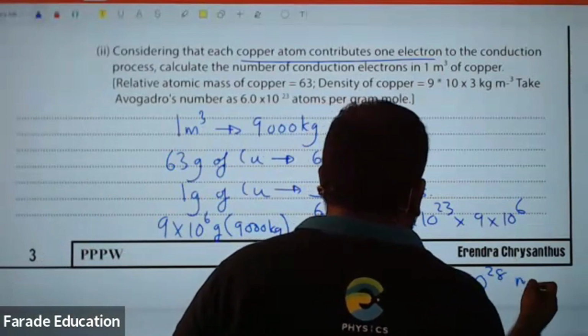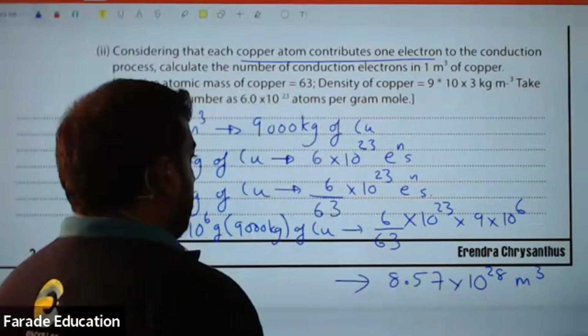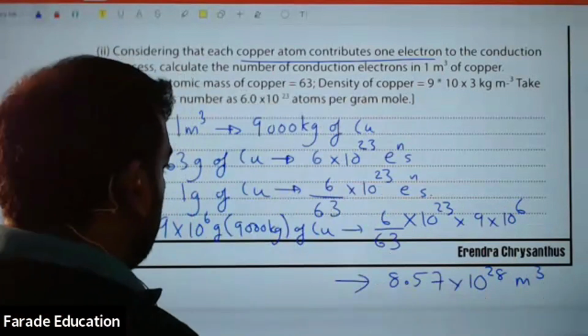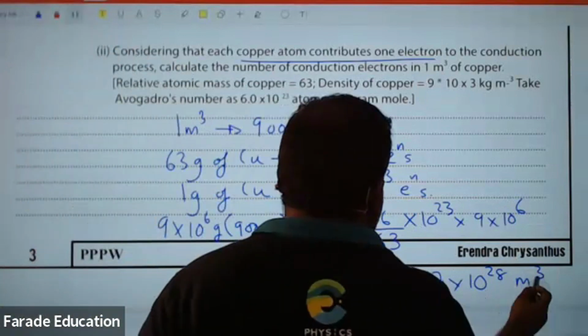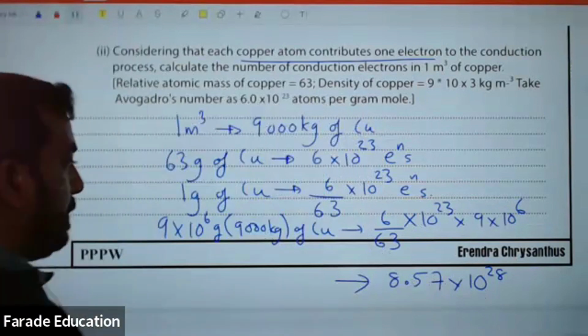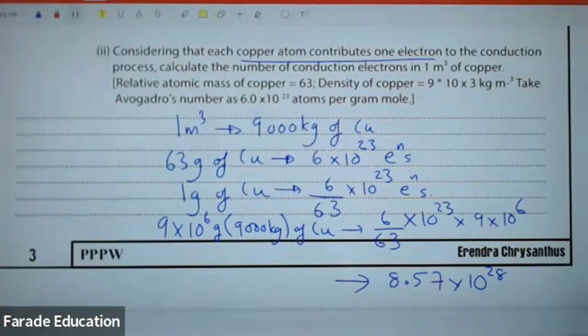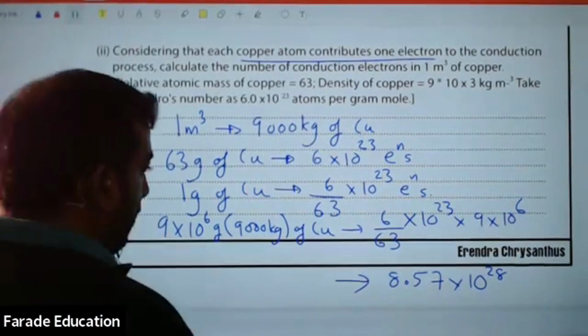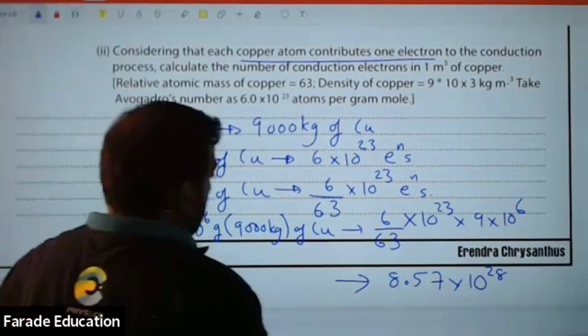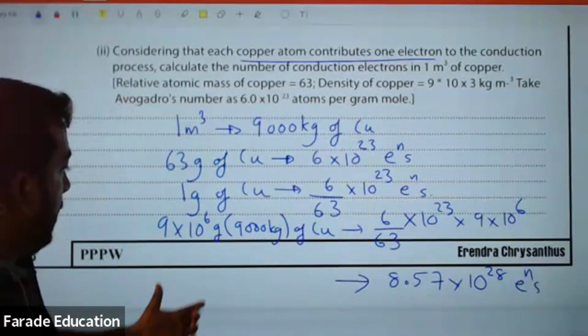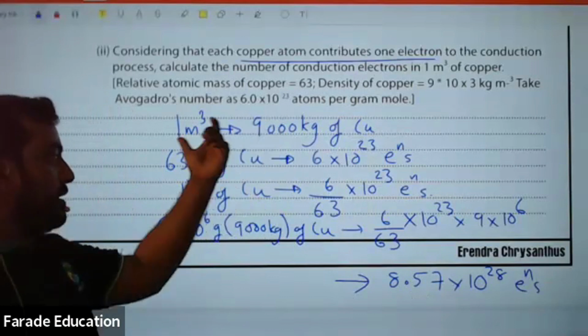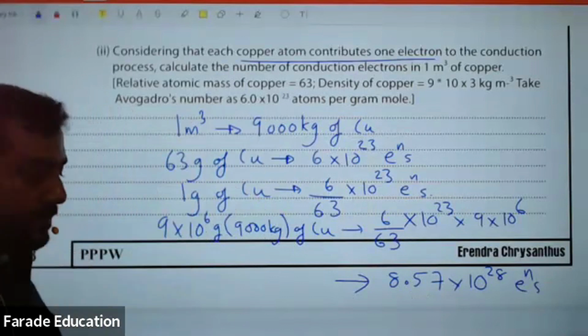8.57 times 10 to the power 28 electrons, in 9,000 kilograms. 9,000 kilograms means in 1 cubic meter.